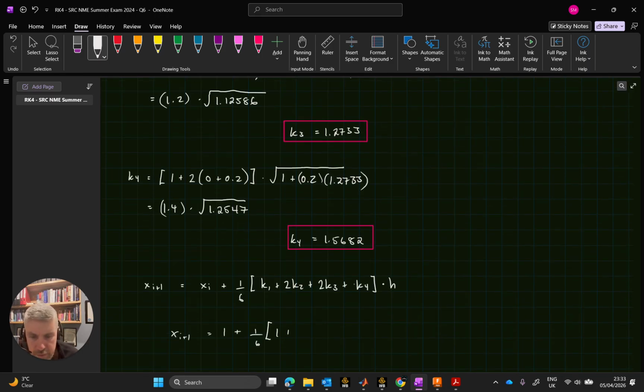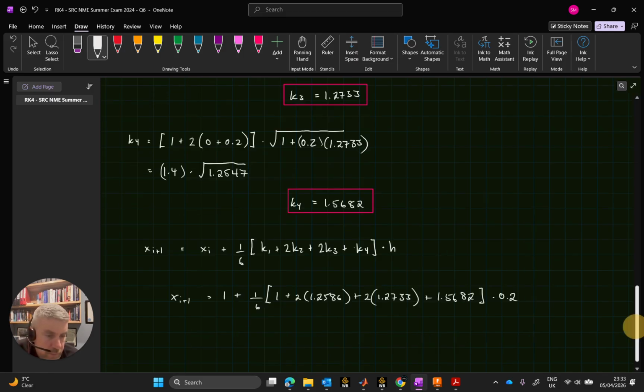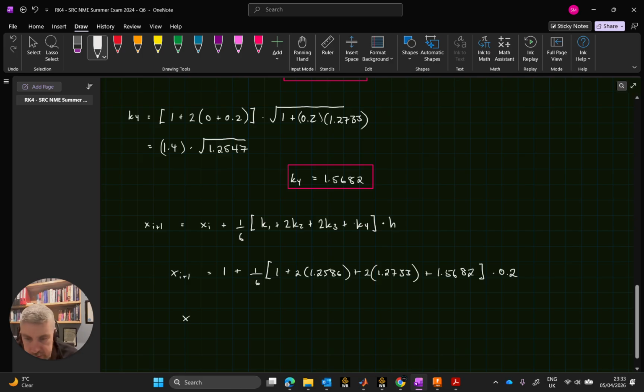So I have 1 plus 2 times 1.2586 plus 2 times K3, which is 1.2733, plus the K4, 1.5682, all multiplied up by my step size 0.2. My x of i plus 1 is equal to 1 plus 1/6 of that quantity there.